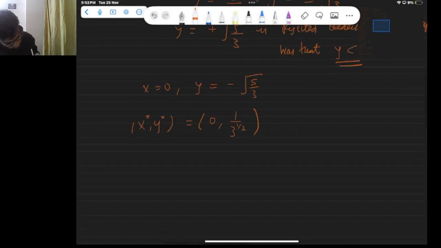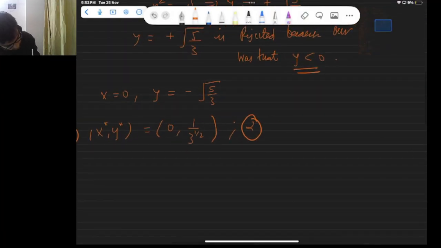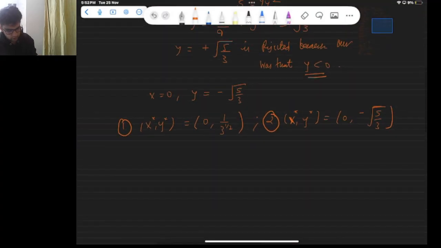So this was one of the stationary points, and the second stationary point that we have is (x**, y**) = 0 comma negative root 5 upon 3. These are my two stationary points.